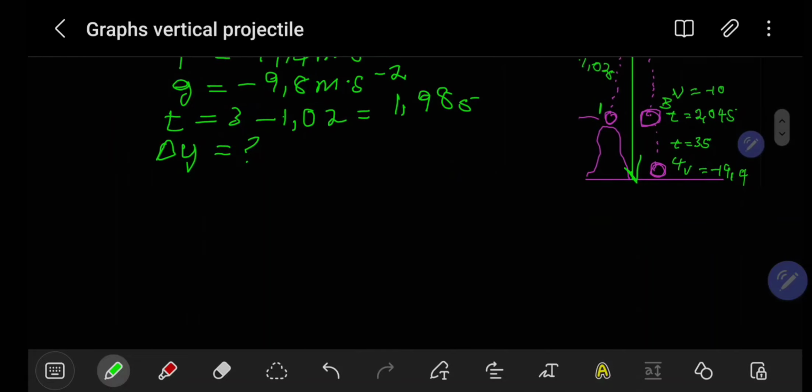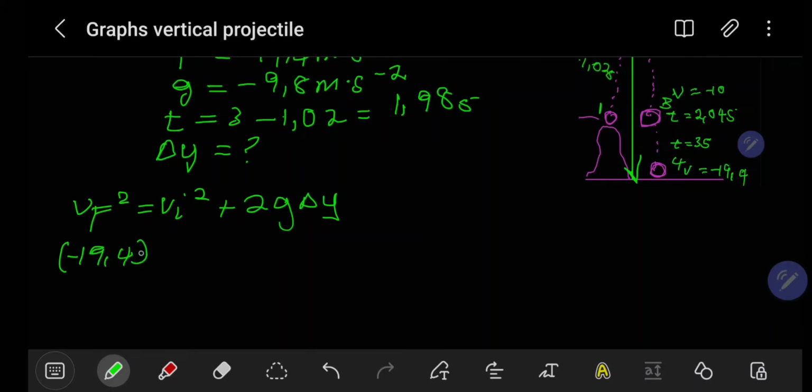Then we can use different formulas. Let's start by using this one. Vf squared is equals to V initial squared plus 2 multiplied by gravity multiplied by change in displacement. Then our final velocity is negative 19.4. We square that, and this is equals to 0 squared plus 2 into negative 9.8 change in displacement.